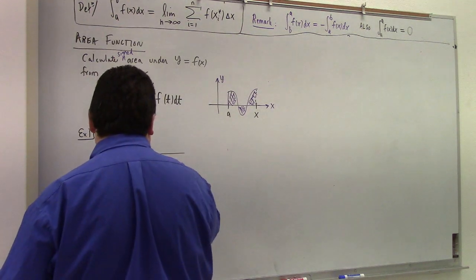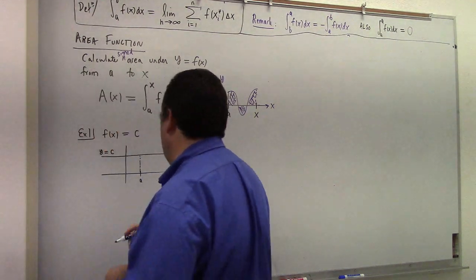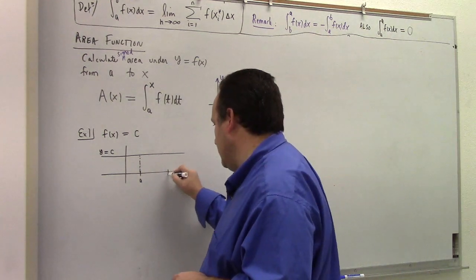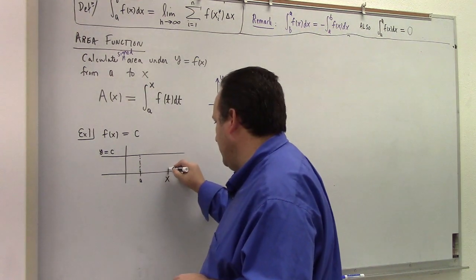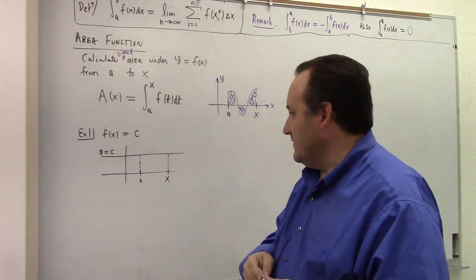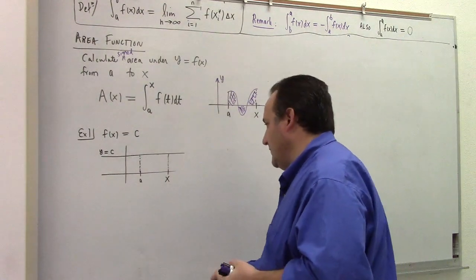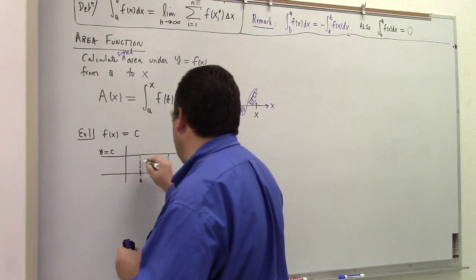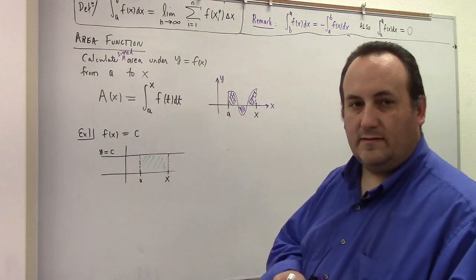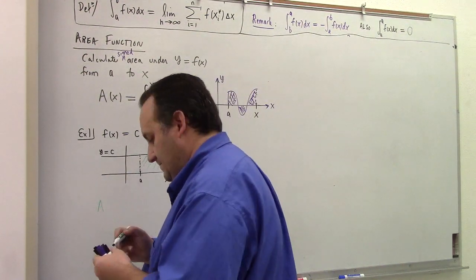So if we're starting at a, and we're going over here to x, we'll think of x being greater than a just to keep things simple. What's the area under the y equals constant graph from a to x? You can tell me.